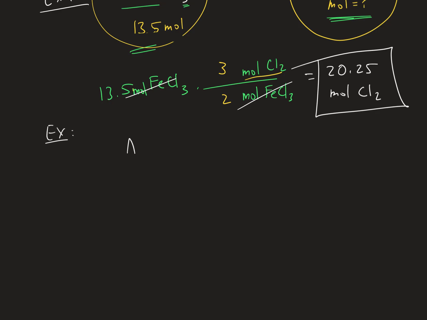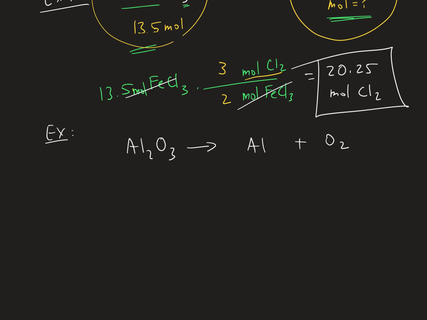So if we have Al2O3 and it decomposes into aluminum and oxygen gas, remember if it says oxygen it means O2, right? Because that's one of those diatomic molecules.